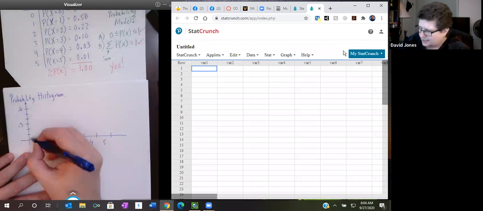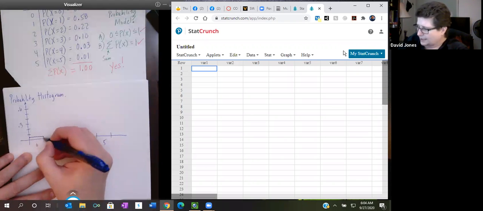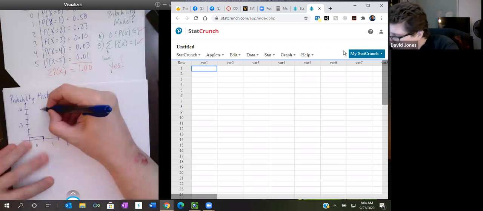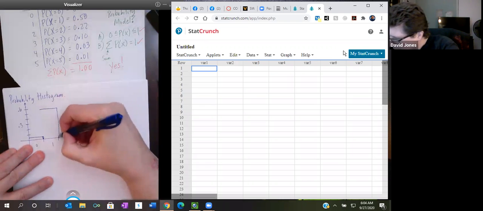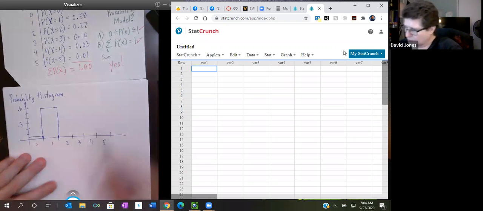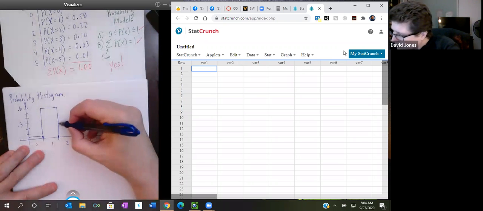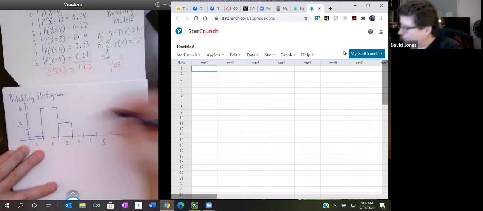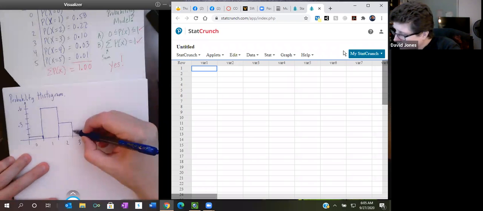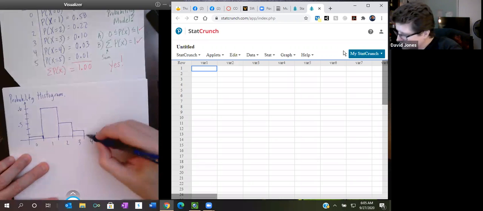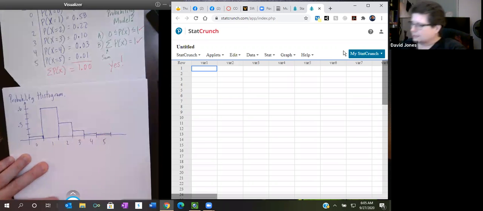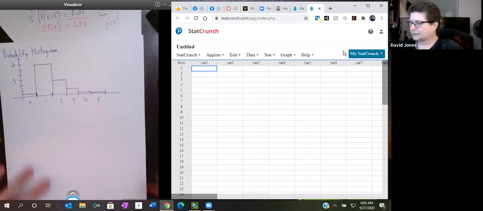And 0.06 is less than 1, it's about halfway. And 0.58 is all the way up near 0.6. Then I've got 0.22. 0.10 is right here. And then it starts to taper off really fast. It gets really low. So it could come as something like that.